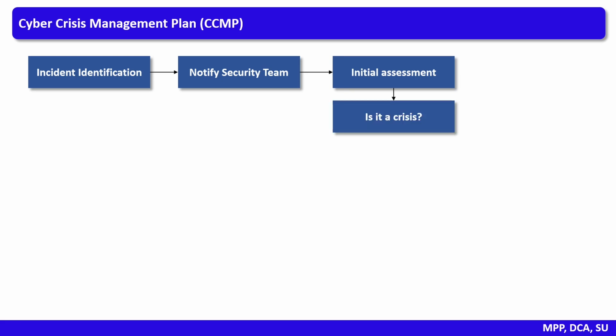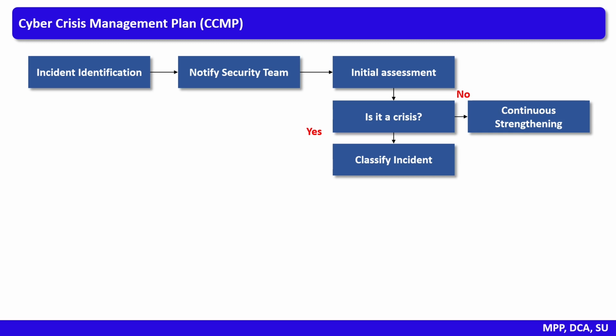If an incident is not considered as a crisis, then the security team continues with strengthening of the security measures. Else, if the incident is deemed as a crisis, then the security team proceeds with classifying the incident into identified categories.